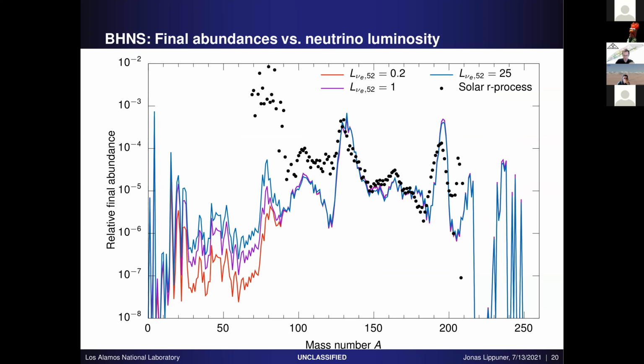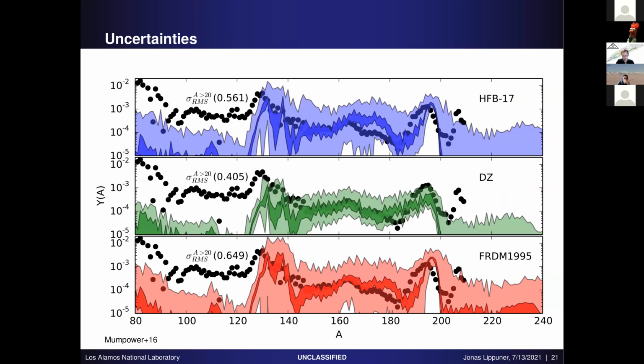All right, I just want to mention one very brief thing on uncertainties. I mentioned briefly at the beginning, we need a lot of theoretical data for these nucleosynthesis models, and so they come with huge uncertainties. Matt Mumpower did a very good study on propagating these uncertainties to the final abundances, and this is what you see here.